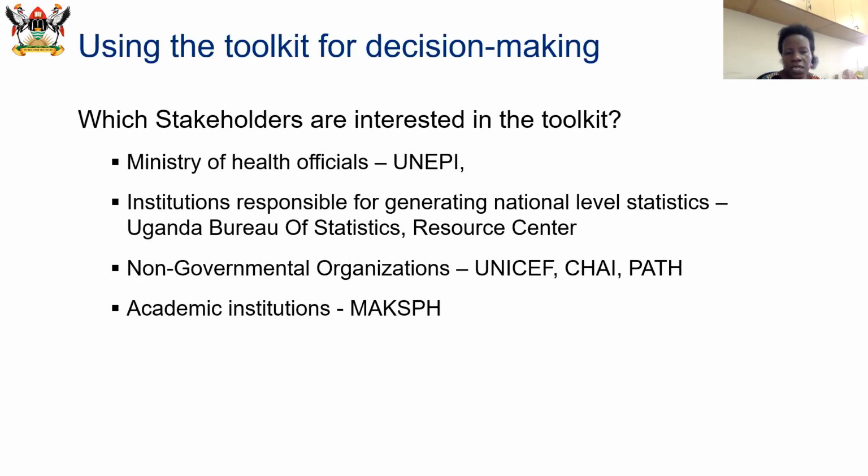We also had institutions responsible for generating national level statistics. A lot of the surveys done in the country are done by the Uganda Bureau of Statistics. The Resource Center at the Ministry of Health is responsible for collecting information from the different health facilities. We also had a number of non-governmental organizations and of course, academic institutions. We can move on to the next slide.